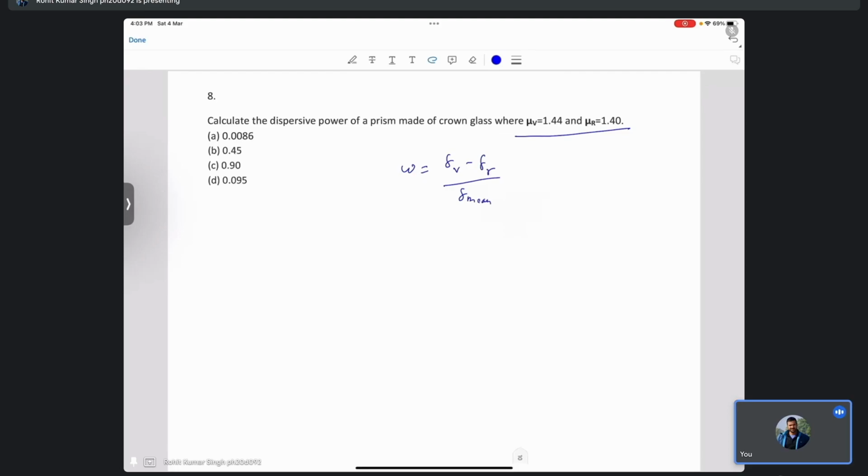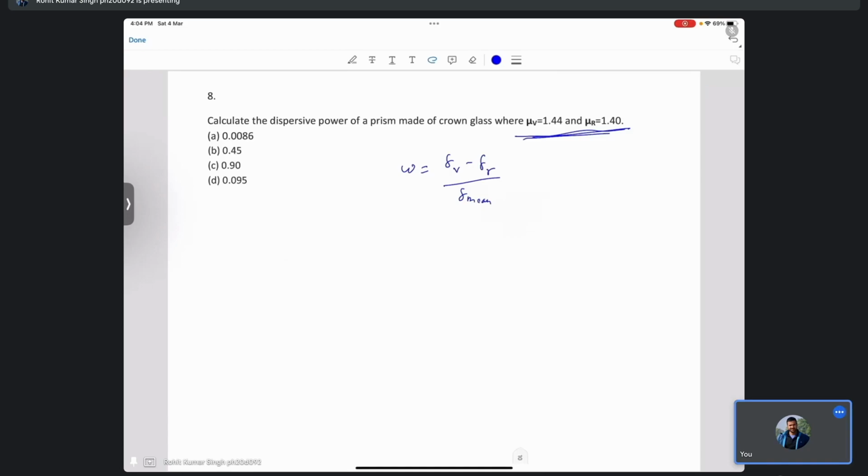And then you have the refractive index given here for violet and red rays. So how will you calculate the dispersive power from here?